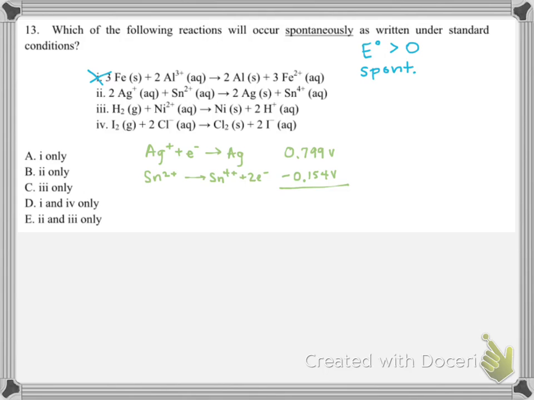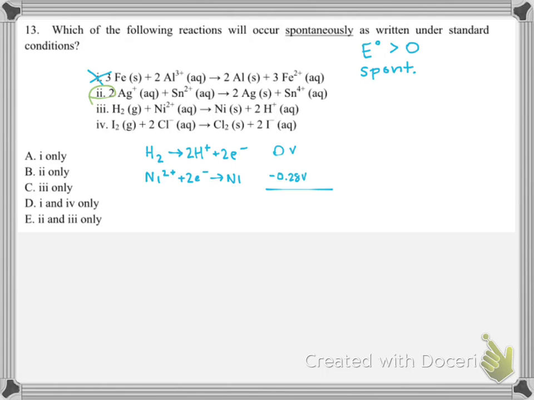Now I'm just going to combine them to get my overall potential. We get positive 0.645 volts. So this is positive, so it is spontaneous. And we can continue on this road to do it for the reaction with hydrogen and then the reaction with iodine.